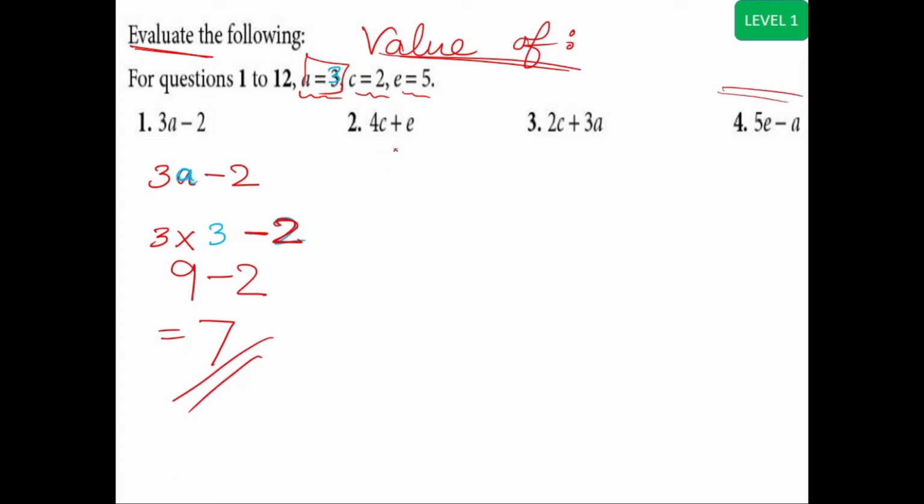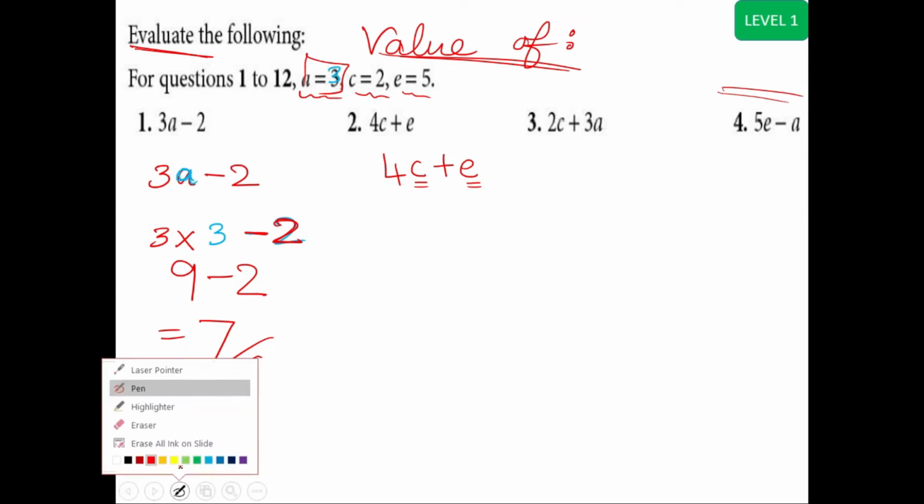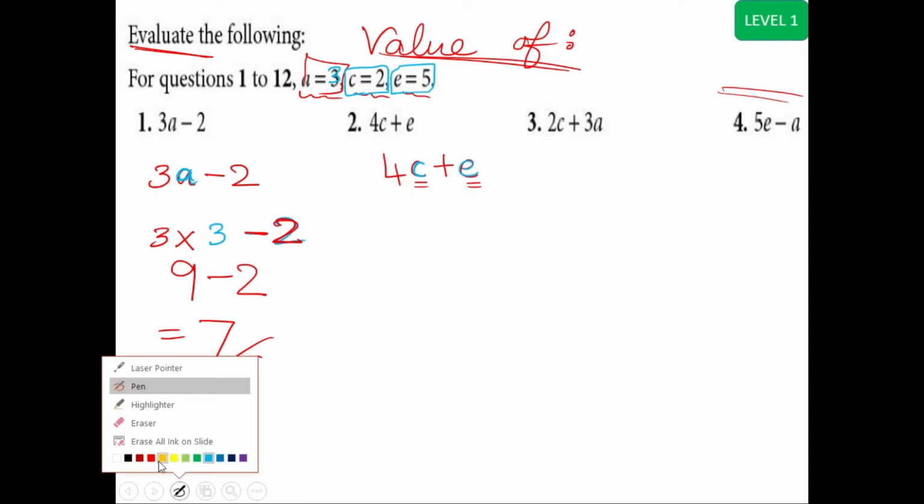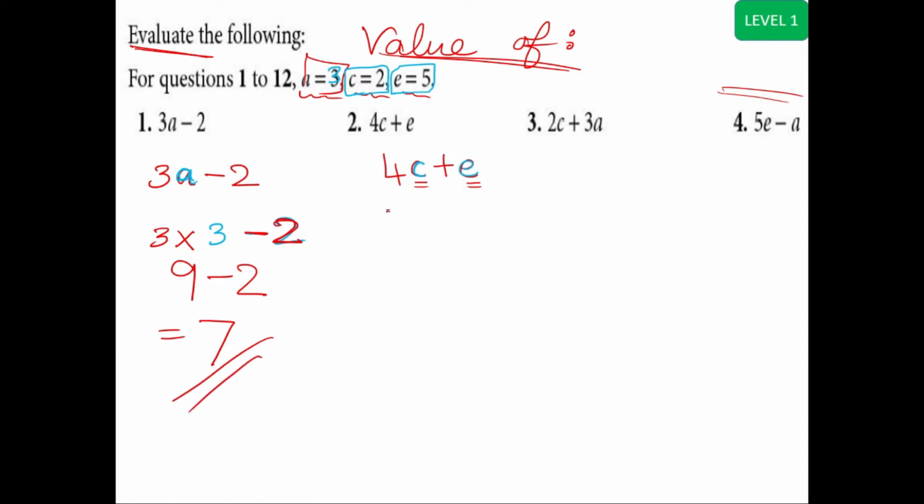Now looking at the second question, we have 4c plus e. You can see two variables here, c and e. Now what are we supposed to do? We have identified the two variables in the question, and we know c is equal to 2 and e is equal to 5. So all that you do is replace c and e with the values given.